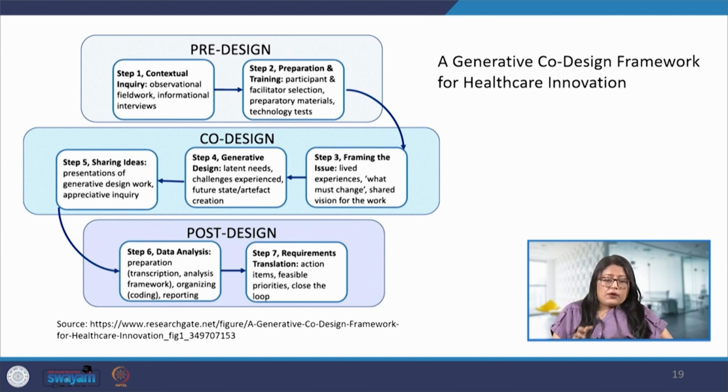So, we will be preparing and training. For example, if we are using some AI models, then we will have to prepare those AI models or CNN neural networks or whatever the demand may be. So, we have to prepare some algorithms. That will come in this step number 2.